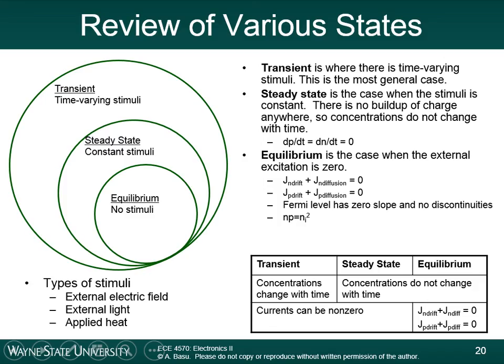What we're going to be looking at now is the steady state condition. So this part here. Under steady state conditions, remember, steady state stimulus is being applied. A DC stimulus. So, in other words, we are applying a voltage to the diode.